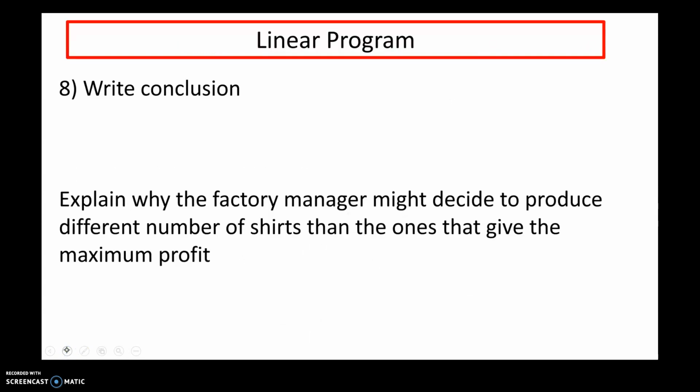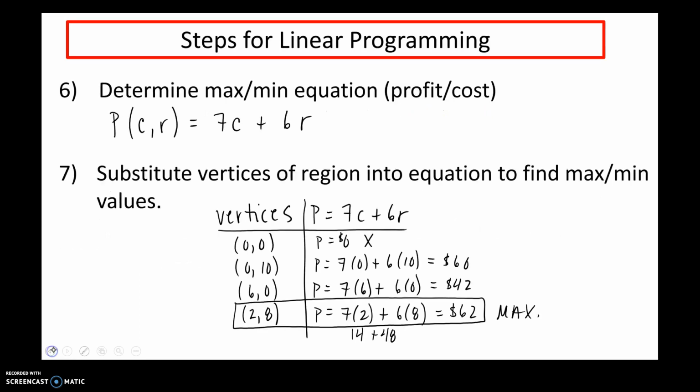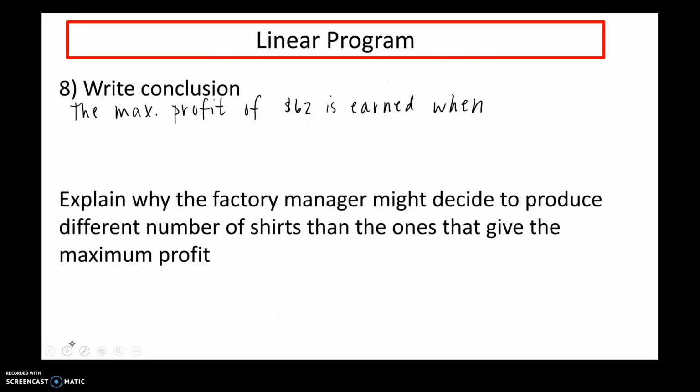So now my final step is to actually write my conclusion. So the maximum profit of $62 is earned when, I go back, 2 circular and 8 rectangular rugs are made.